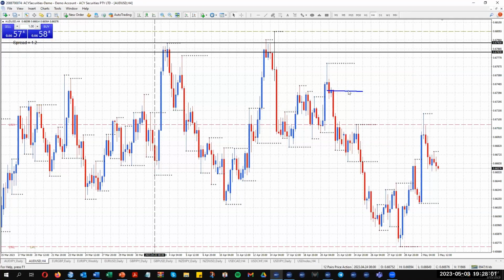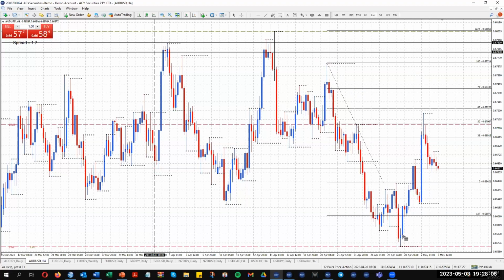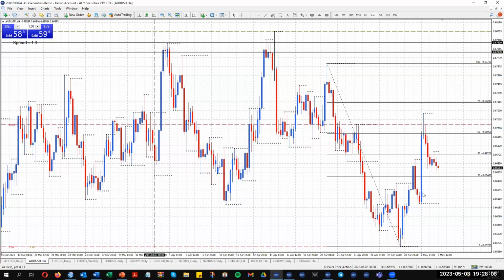Is that not the same setup? Same structure setup, 62% retracement, same price action, you get driven up, rejection yesterday, even though it's the new month. There's your entry.